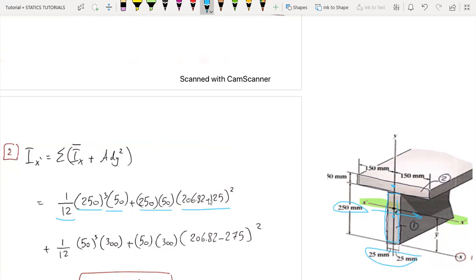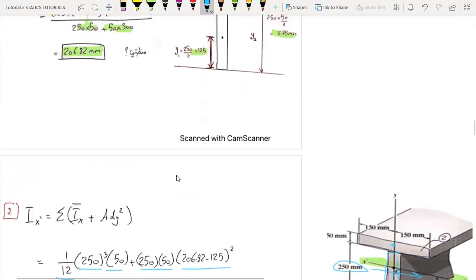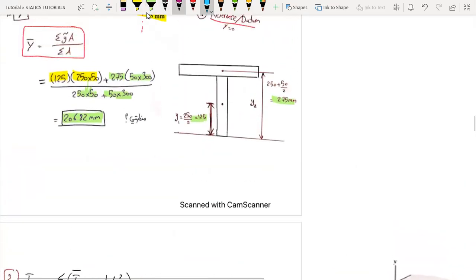Now d squared, or dy squared in this case, you can get by subtracting the y bar by this number, which is y tilde 1. Here it is 125, and the y bar is at a distance from the reference of 206.82.